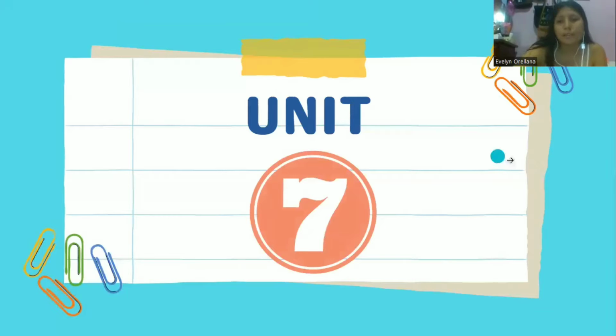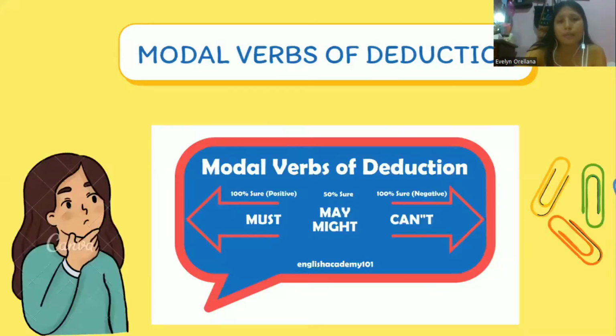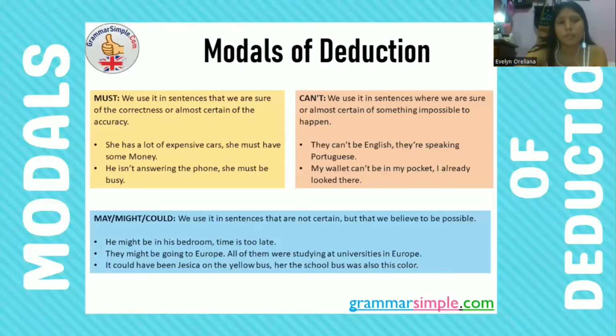Unit 7. In this unit, we can learn about modal verbs of deduction: must, may, might, can't. We use must in sentences where we are sure or almost certain of the correctness.